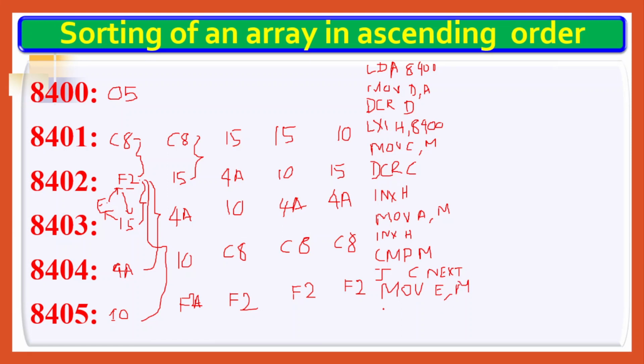Decrement the memory pointer once with DCX H. Take the current element, which is available in the accumulator, and copy it: MOV M, A.